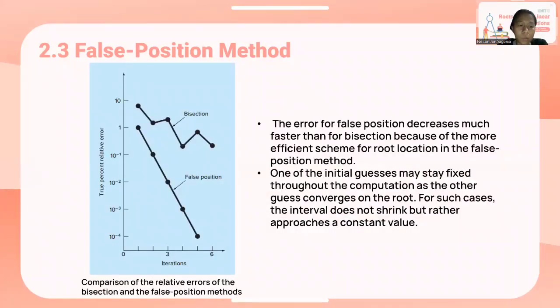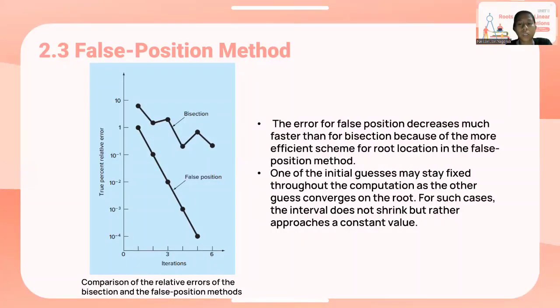The figure shows the comparison of the relative errors of the bisection and the false position methods. The error for false position decreases much faster than for bisection because of the more efficient scheme for root location in the false position method.